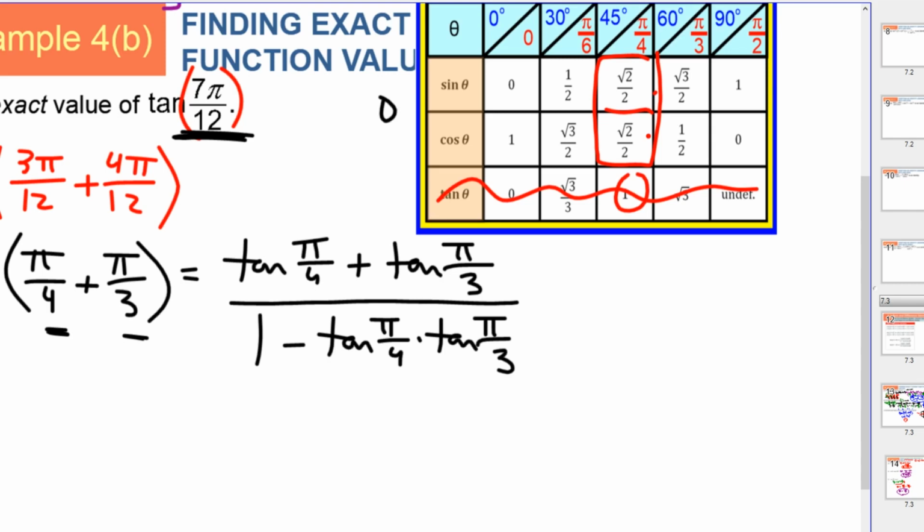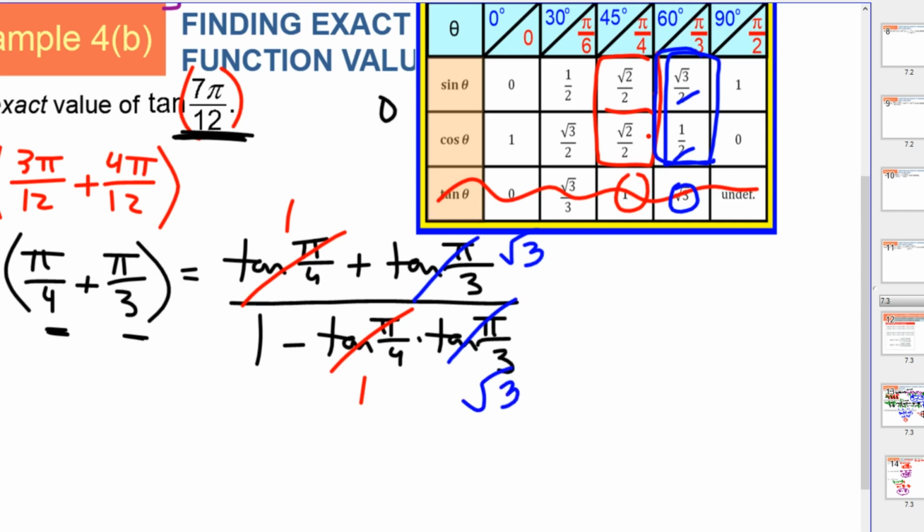All right? Tangent pi over 4 is 1. Tangent pi over 3, you're dividing these two, right? You're dividing these two, and those 2's cancel out, and that's why it's going to be square root of 3. This is going to be square root of 3. So this problem cleans up quite nice.